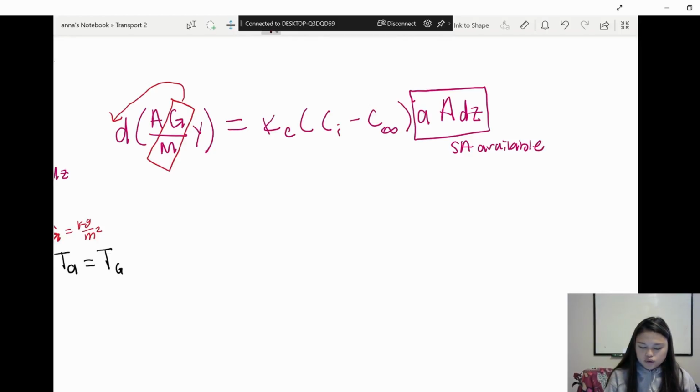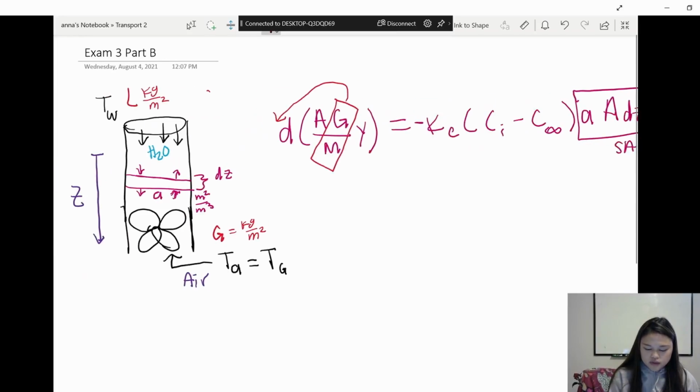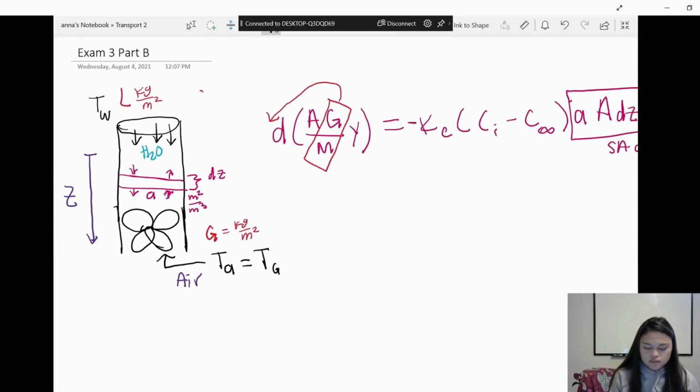The last thing we want to consider is a negative sign here. The z increases in the downward direction, and the mole fraction of the water will increase in the positive z direction, because this is the air feed, and obviously there's going to be more water up here.